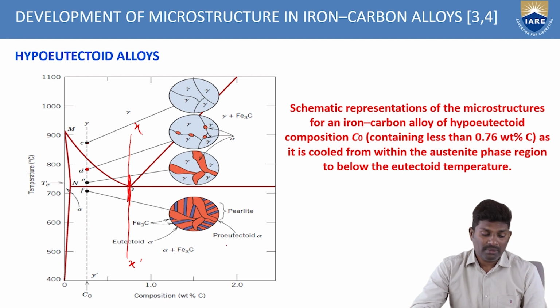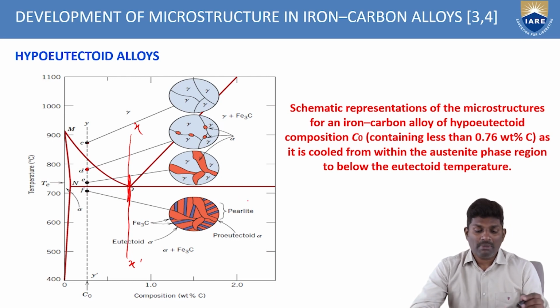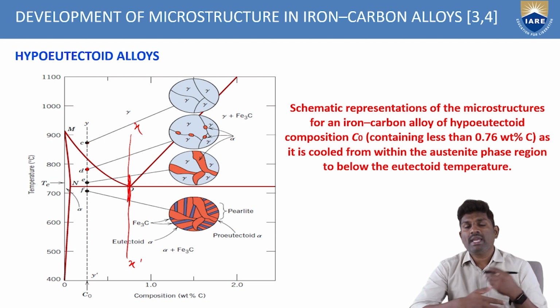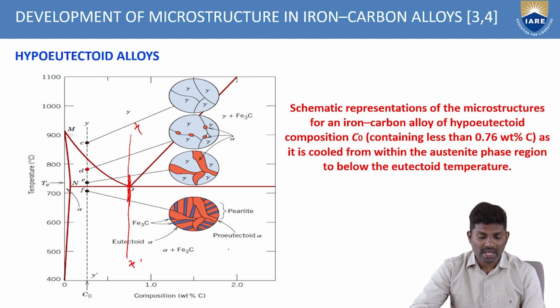point B. Now coming to the point E, again you have a rise in the percentage of Fe3C, so that's why you have dark portions here when you compare with the point above. Now if you come down to 727 degrees centigrade, you have a combination of pearlite and Fe3C, and alpha plus Fe3C.